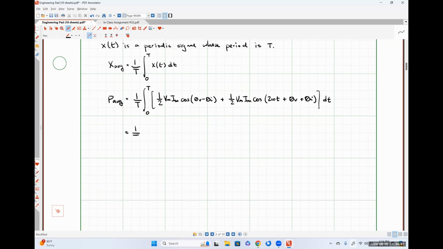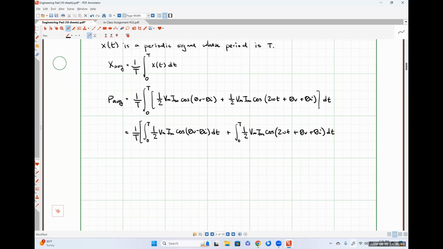I'm going to have 1 over T times the integral from 0 to capital T of 1/2 Vm Im cosine(theta V minus theta I) dt, plus a second integral from 0 to capital T of 1/2 Vm Im cosine(2 omega t plus theta V plus theta I) dt.